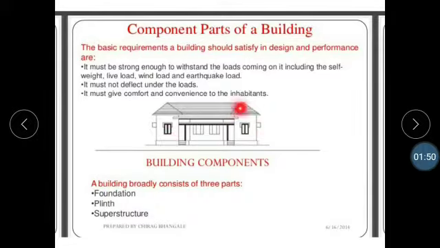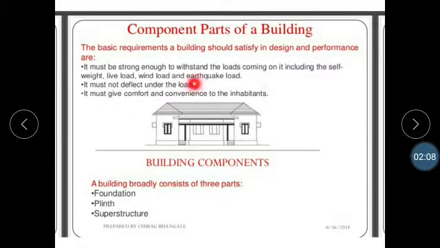Superstructure consists of all these elements which are visible above the ground surface, which consist of slab, walls, columns, staircase, windows, doors, and all the other elements.